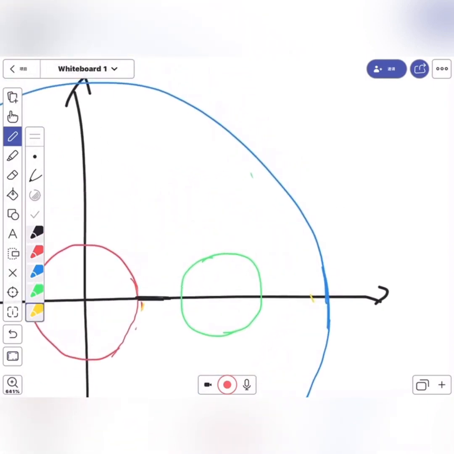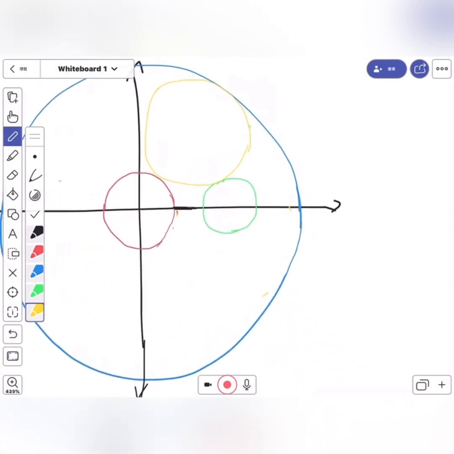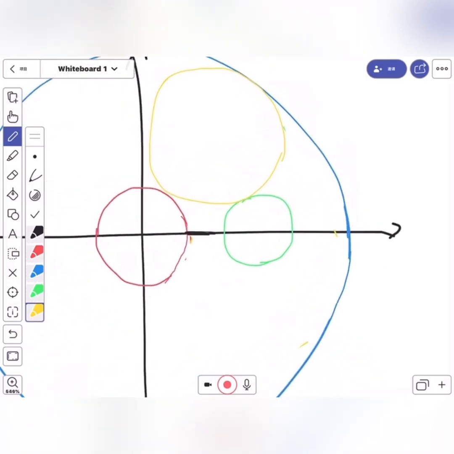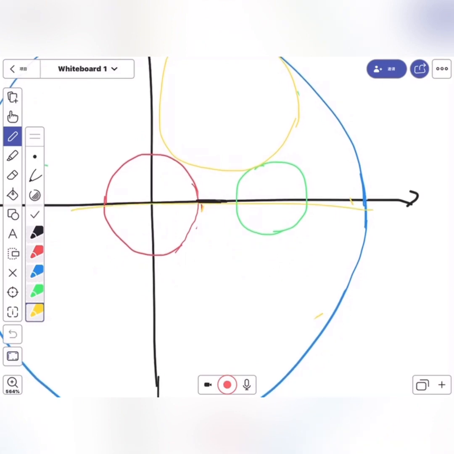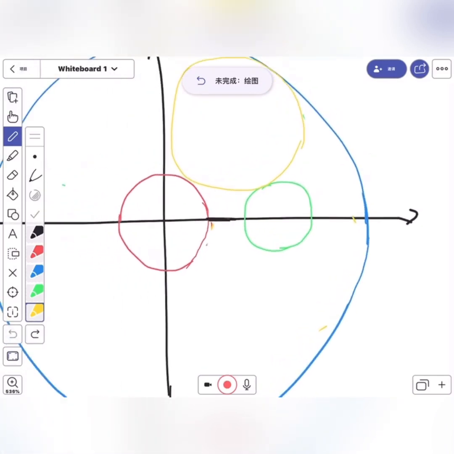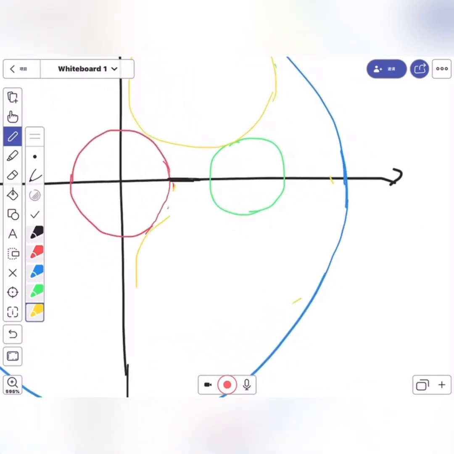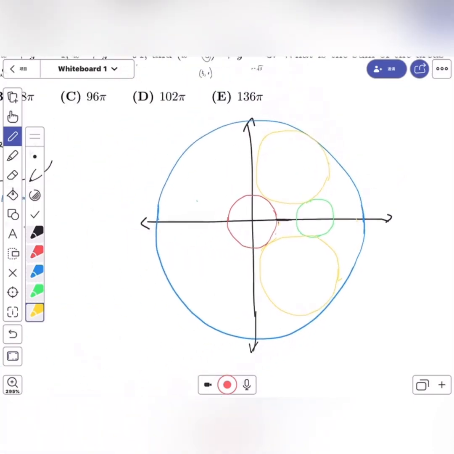First, as I just said, we can have a circle that's externally tangent to both the green and the red circles. And notice that because it's on the x-axis, it's symmetrical with respect to the x-axis. So we can also have another circle right over here, located below instead of above.